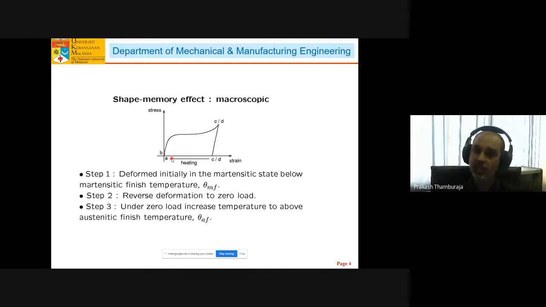It looks as though nothing happened to the sample. So it seemingly shows plastic deformation, but if you increase the temperature, this plastic strain disappears and you get a complete state which is the same as the initial state. That's the beauty of the shape memory effect in the macroscopic sense.